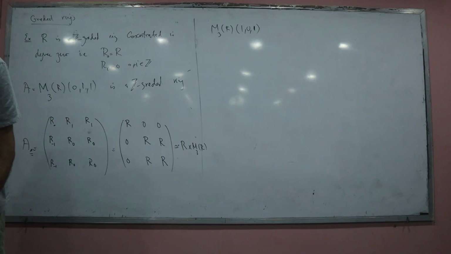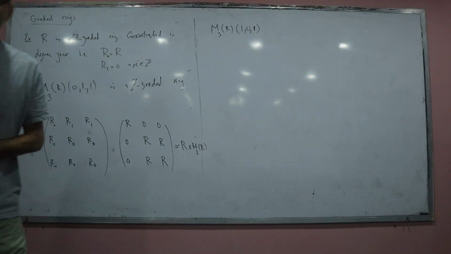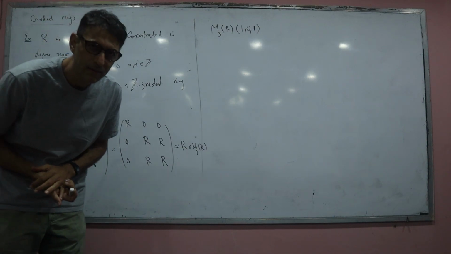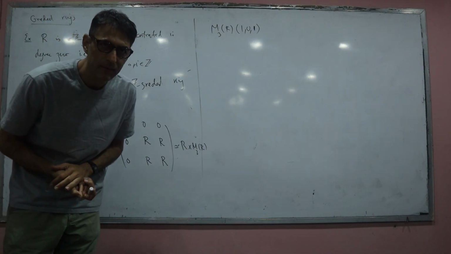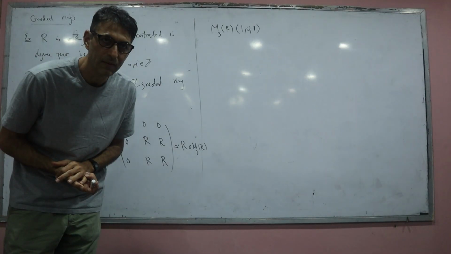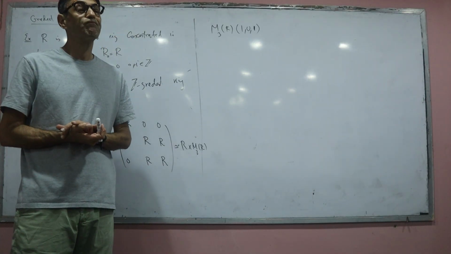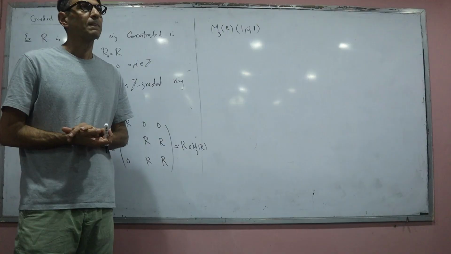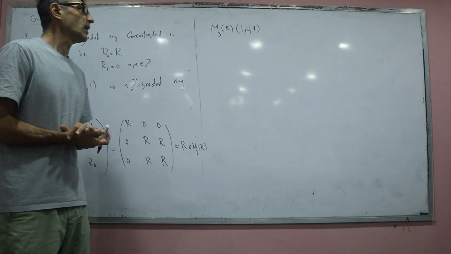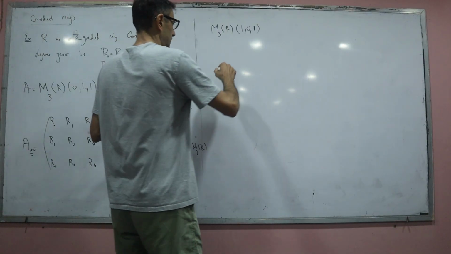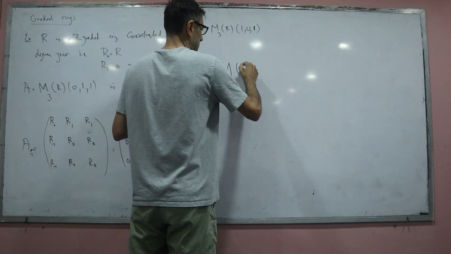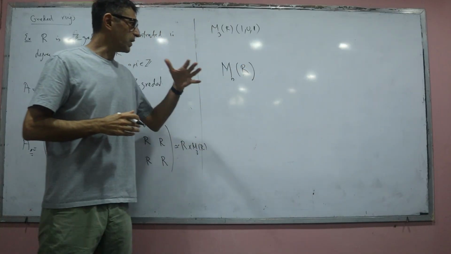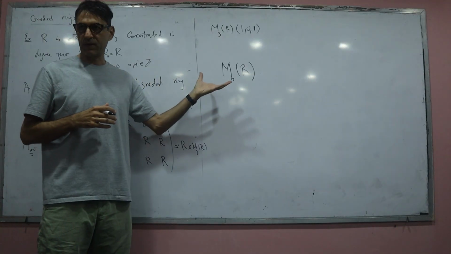Sir, is there another way to look at a ring and say that it is graded, rather than working on this decomposition? Is there another way to characterize graded rings? What should be the definition of graded? Okay. First of all, let me say something and see if this answers your question. I want to make this a graded ring.